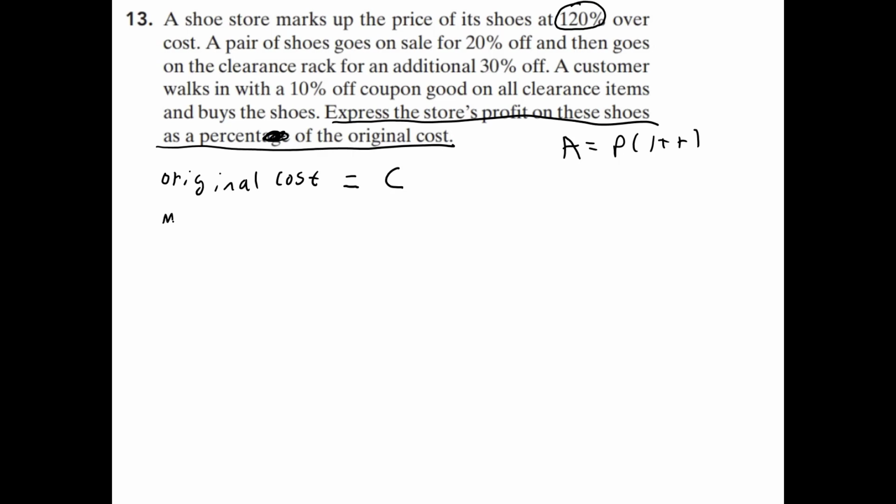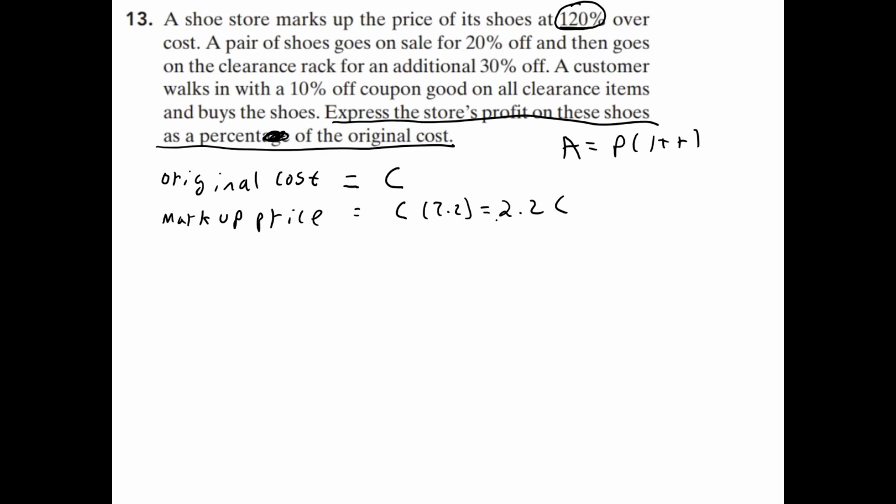markup price, let's label that, markup price, we find by taking the original price, C, and multiplying it by 1 plus R. But R is 1.2. So that's going to be C times 2.2, or 2.2C, right?